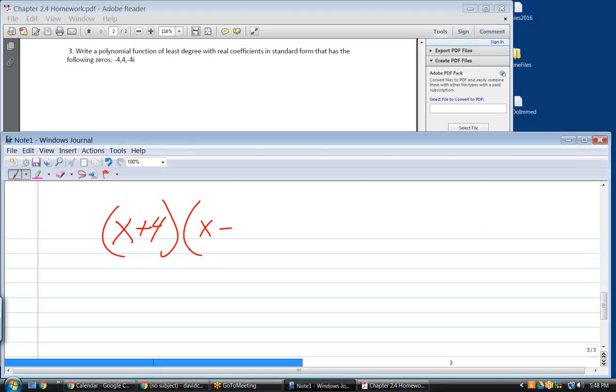Imaginary solutions never come one at a time. They always come in pairs. If minus 4i is a solution, then plus 4i is a solution. So if this is not a typo, then here are my 4 factors.